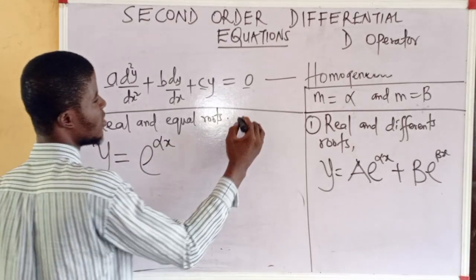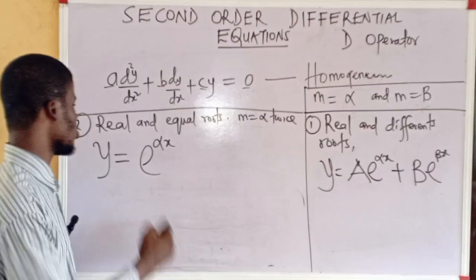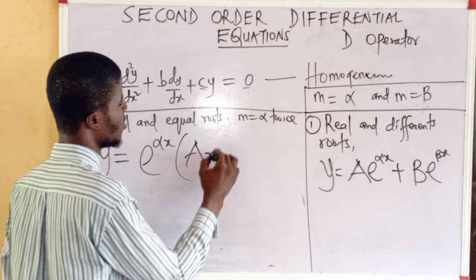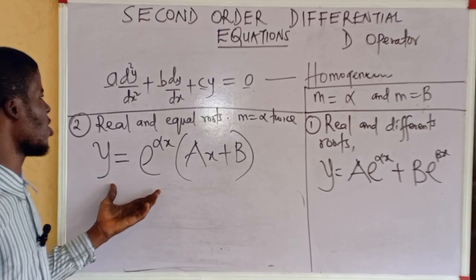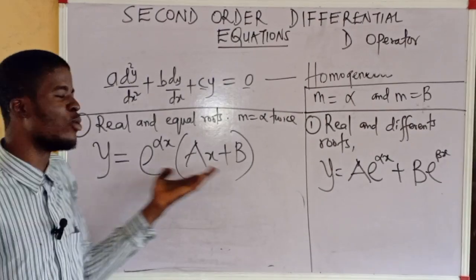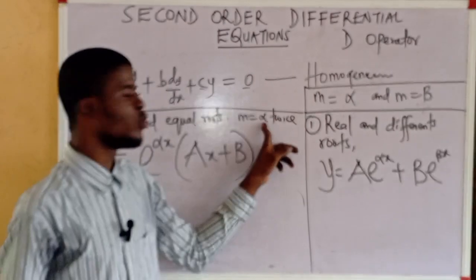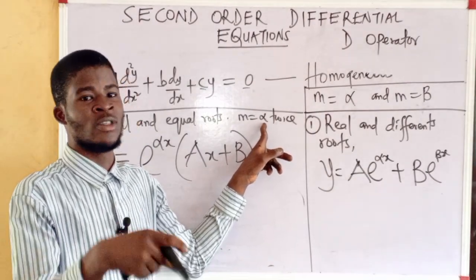In this case, we are saying that m equal to alpha twice. You get the point? So y equal to e to the power of alpha x into (ax plus b). This is the general solution of a second order homogeneous differential equation whereby we have the same two real roots of the auxiliary equation.